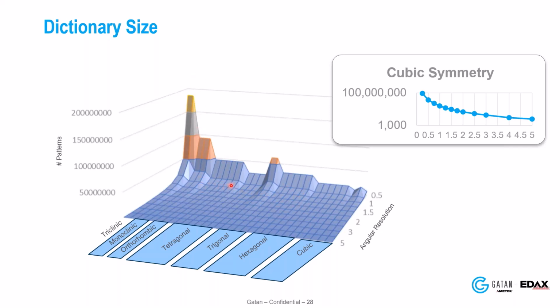So your dictionaries get larger. This is also important if you're starting to look at multi-phase samples, because then you have to look at multiple dictionaries. So the size of the dictionary can start to be just large. And so that's a higher computational requirement that you need to be aware of.